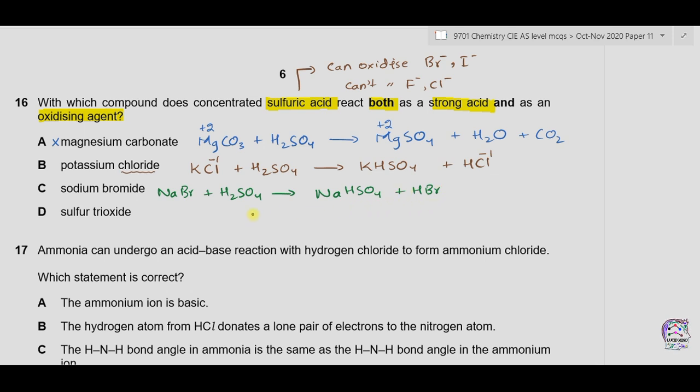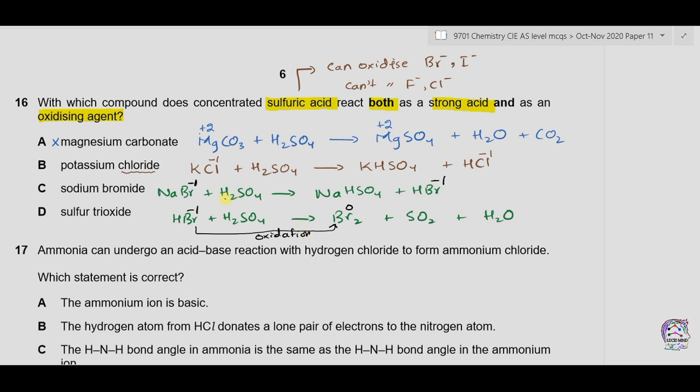In second step, what happens that HBr again reacts with sulfuric acid and it forms bromine along with sulfur dioxide and water. The oxidation state of Br was -1 in NaBr, -1 in HBr and 0 in Br2. So from -1 it has moved to 0, so therefore this is oxidation.